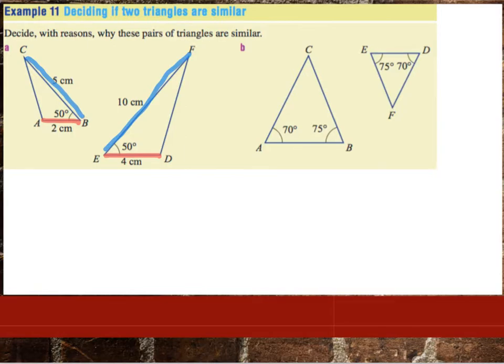Now, to prove that, remember it's always the bigger one over the smaller one, I'm going to say FE over CB equals 10 over 5, and that equals 2. Now I'm going to use the red line, which is DE over AB is 4 over 2.